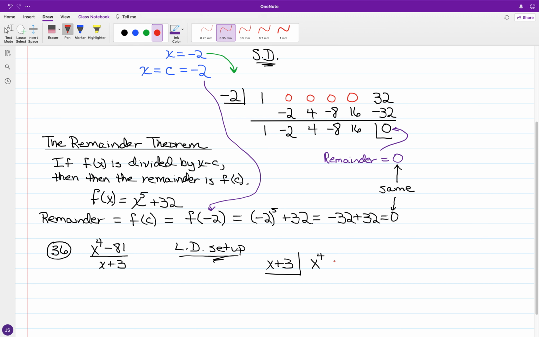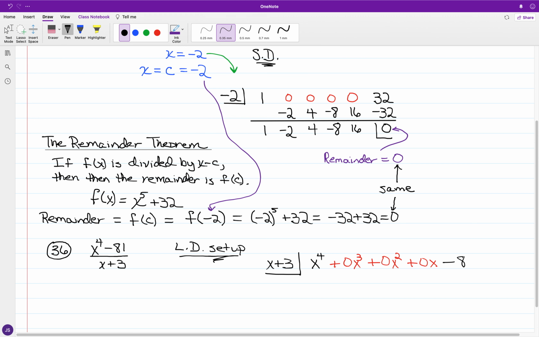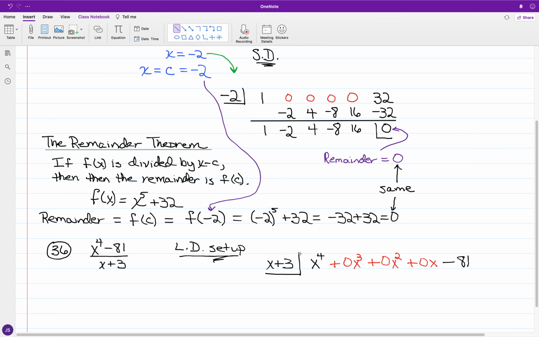So we have a missing x to the 3rd and a missing square term, as well as a missing x term, followed by negative 81.